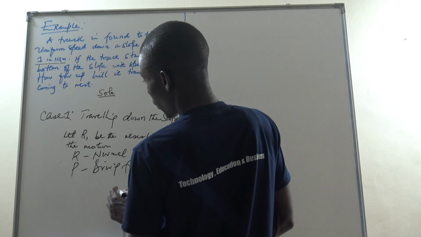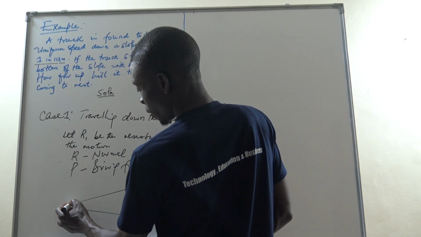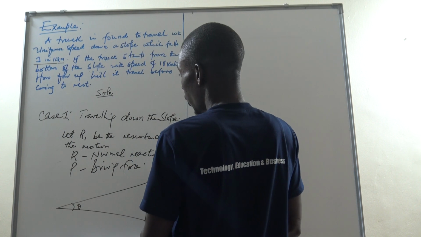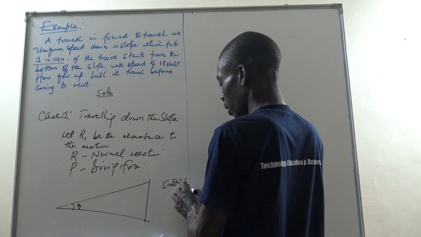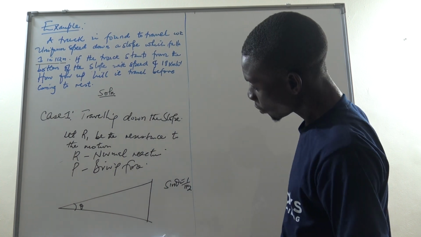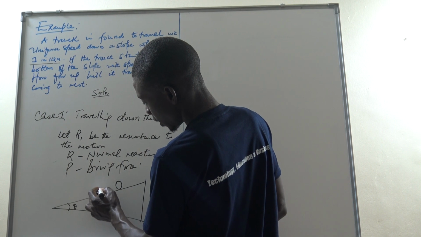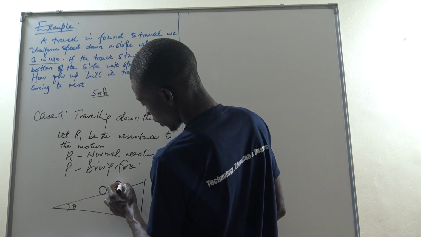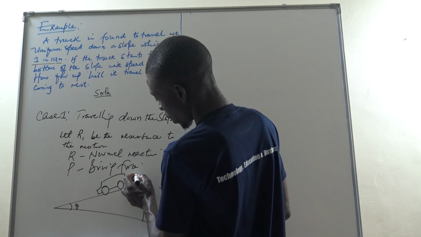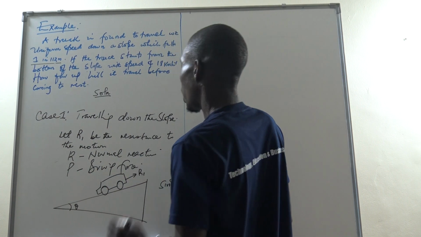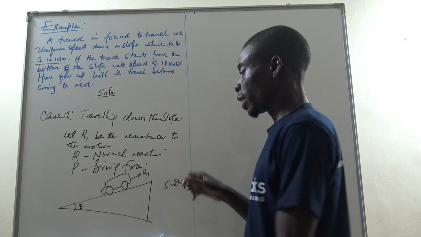Now if I'm looking at this case, the slope is theta, and we have already agreed that sine theta equals 1 out of 112. I have a truck here, just a simple sketch, and this is my R1, the resisting force, always in the opposite direction.